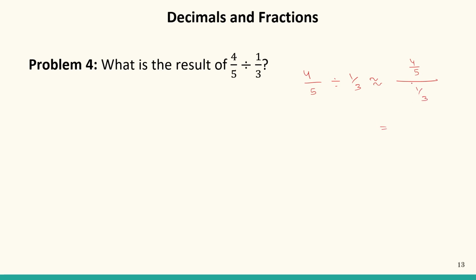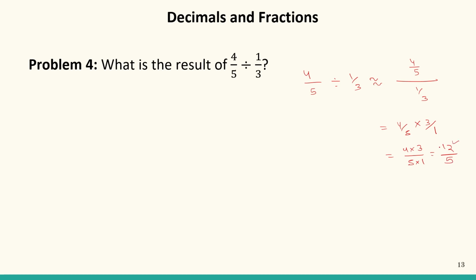This is nothing but equal to 4 by 5 into 3 by 1. We know how to solve this. We multiply the numerators and denominators. So we multiply 4 by 3 to get the final numerator, and we multiply 5 by 1 to get the final denominator, that is 12 by 5.